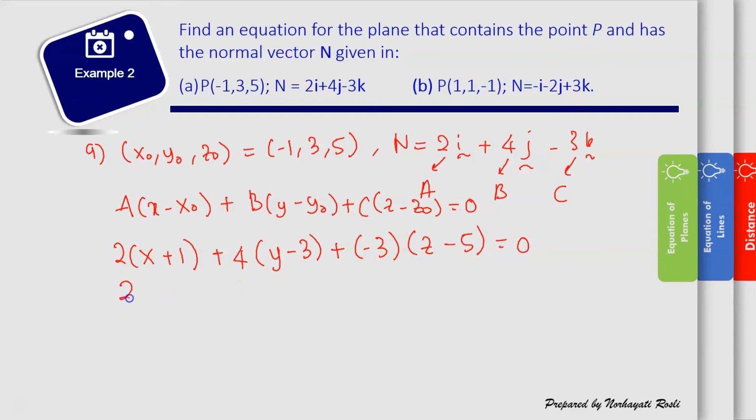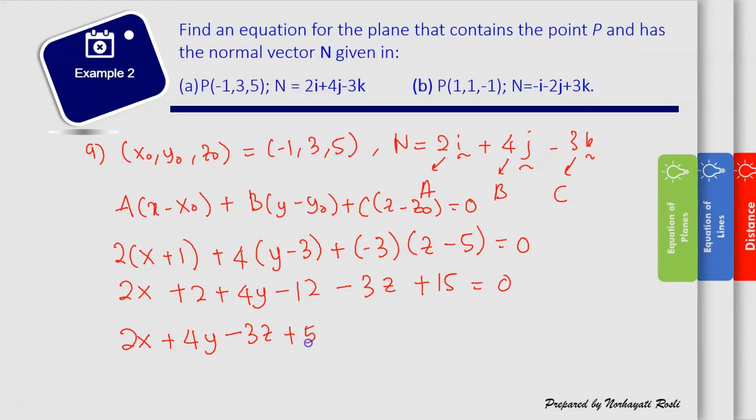When I expand this one, we will have 2x plus 2 plus 4y minus 12 minus 3z plus 15 equal to 0. So we will have 2x plus 4y minus 3z plus 5 equal to 0.